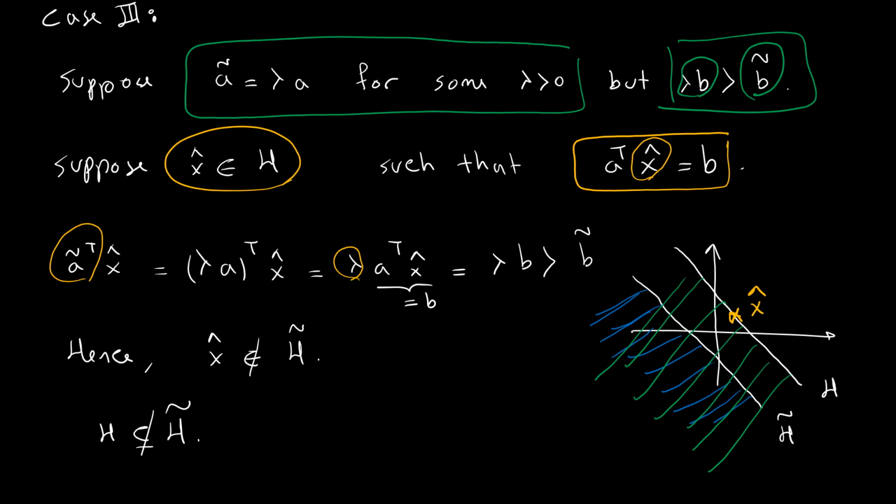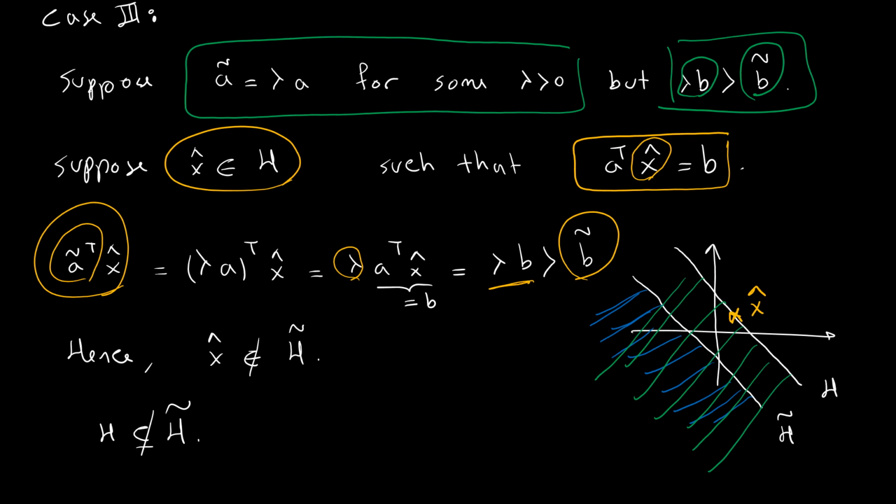That would be, I'm sorry, lambda times b is here, and we know that lambda times b is greater than b tilde. Therefore A tilde transpose x hat is not less than b tilde.